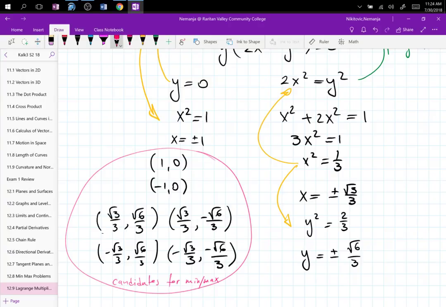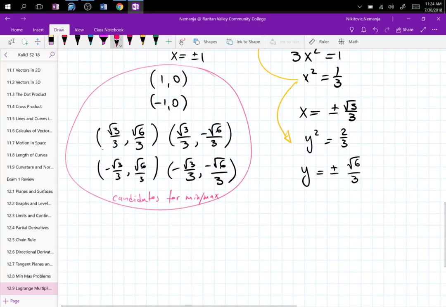So you go back to your objective equation, which is f equation, and plug these one at a time to produce z values.